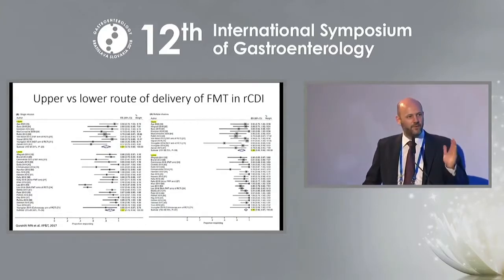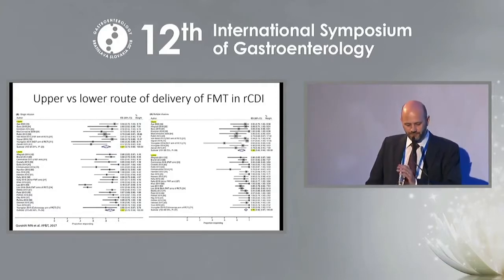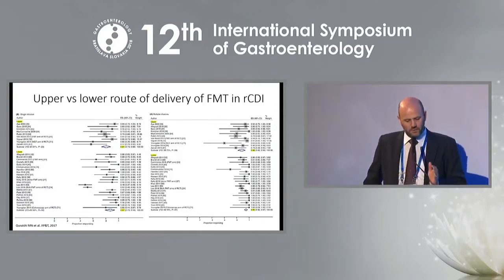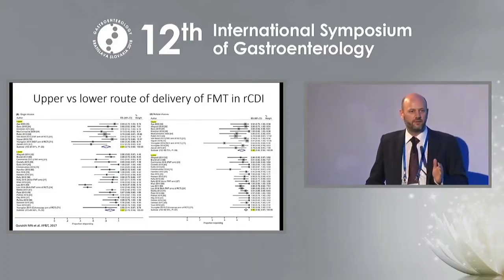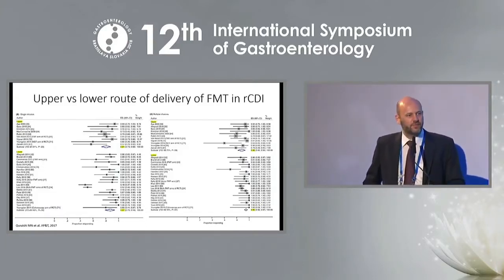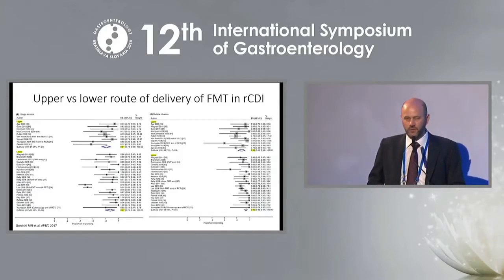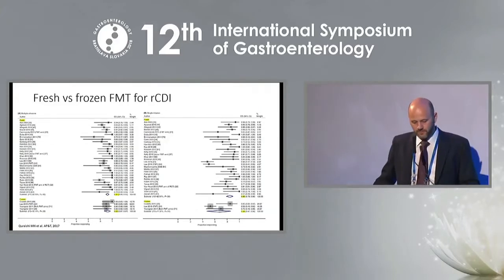When comparing the upper versus lower route of delivery, the lower route was more effective, about 95% clinical efficacy versus 87% clinical efficacy when applied through the upper GI, so capsules or nasogastric tubes.